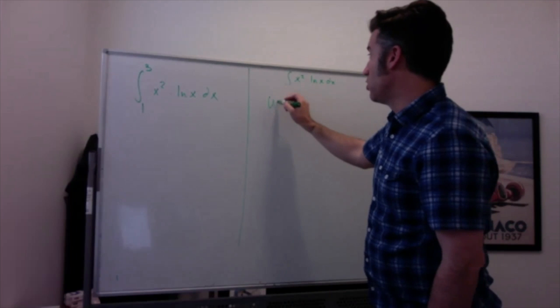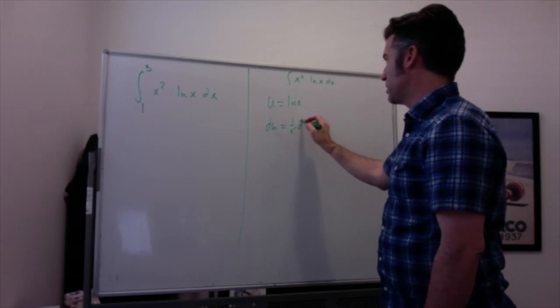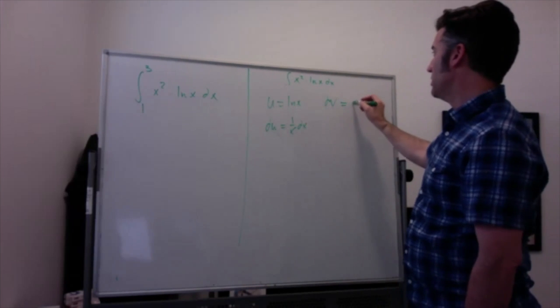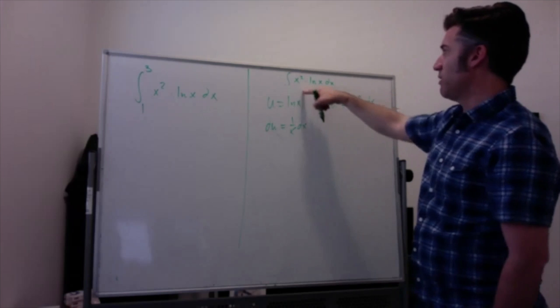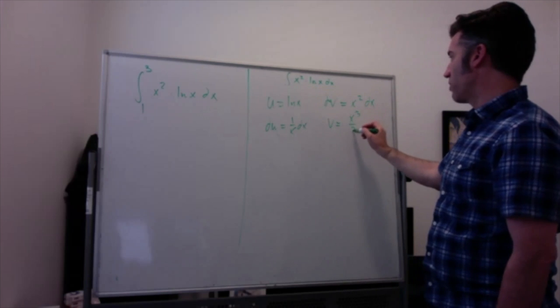So we're going to let u equal natural log of x. Du is 1 over x dx. My dv, which I should have written down first, is x squared dx. And my v is the antiderivative of that, which is x cubed over 3.